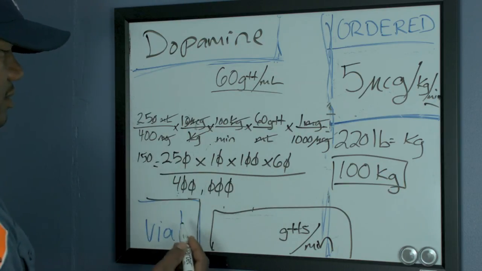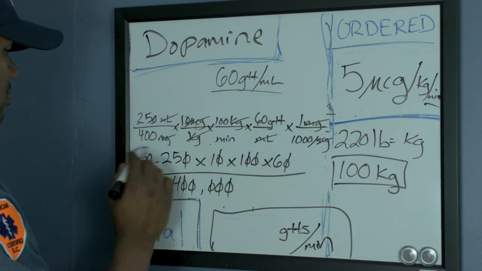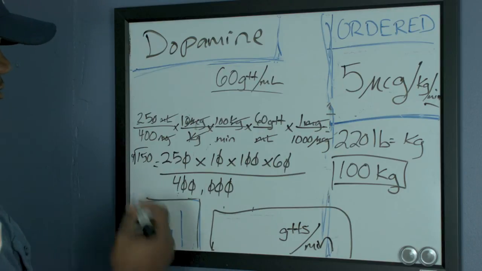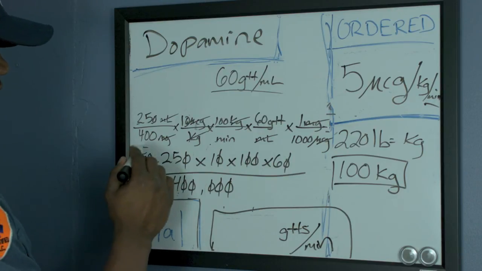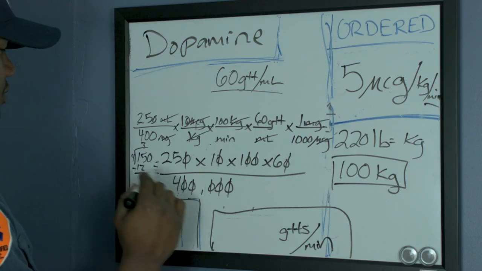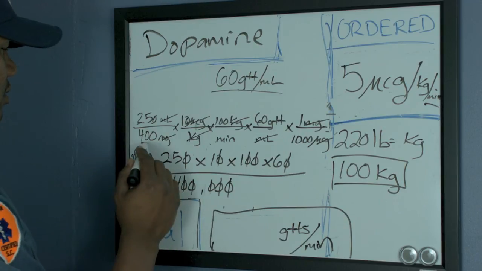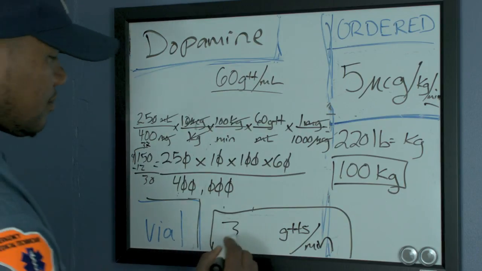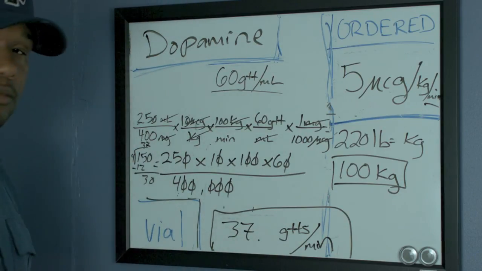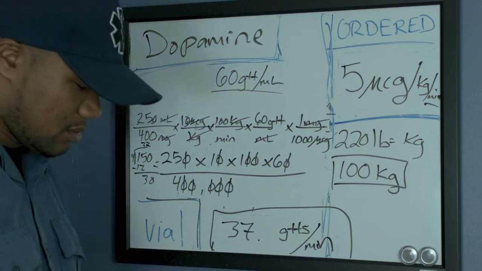Right? 150 divided by 4. Alright. 4 can go into 15, 3. Right? Makes 12, 5, 4, 3. 3 is 30. 37. There you go. Our relationship, mathematical relationships.